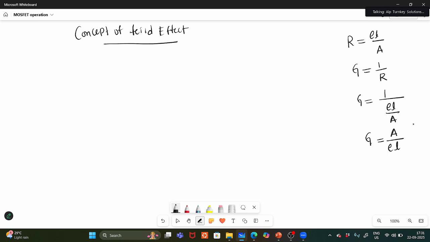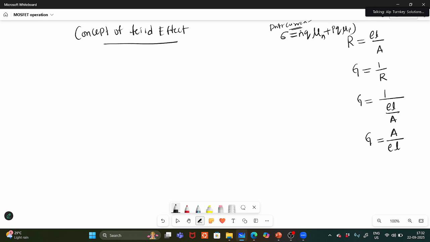Here you get one equation from semiconductor physics for the drift current: conductivity sigma equals n q mu n plus p q mu p.